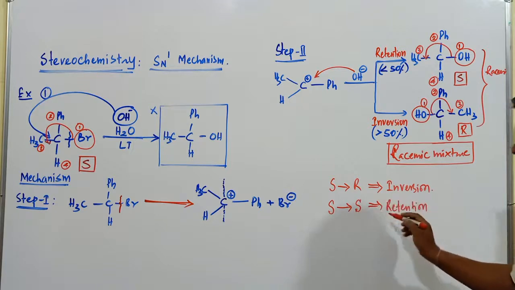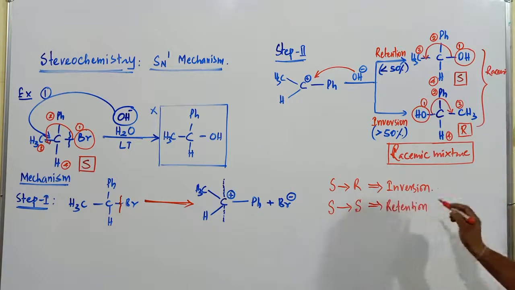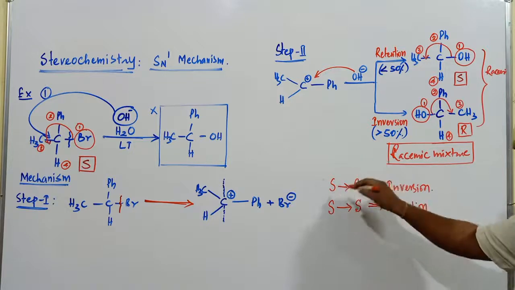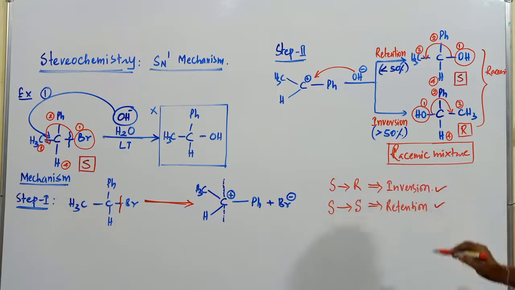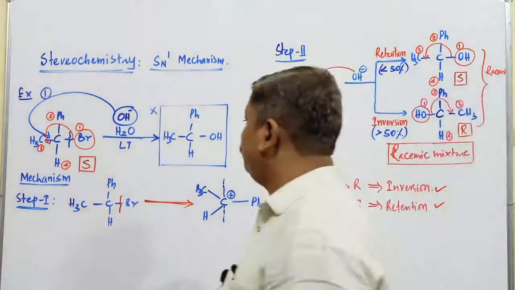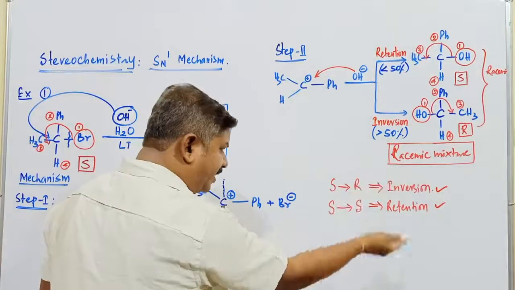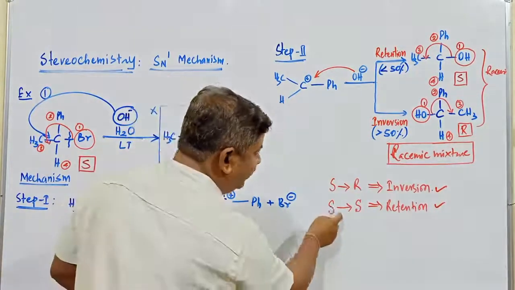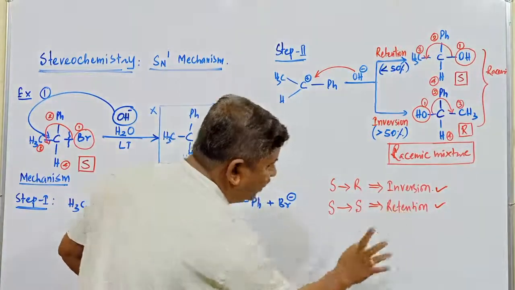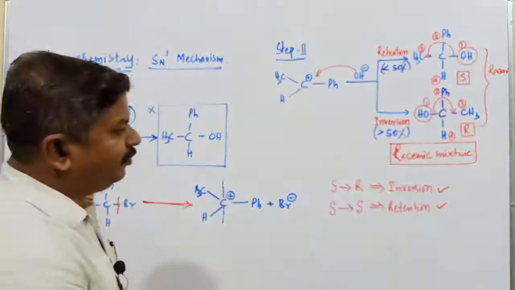S into S or R into R is retention. S into R or R into S is commonly called what? Inversion of configuration. So in any particular molecule, if the configuration changes from S to R, it is inversion, or R to S, it is also inversion. If it is from S to S or from R to R, the configuration is referred to as what?